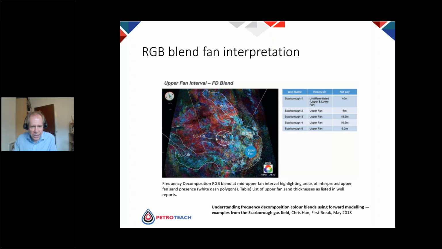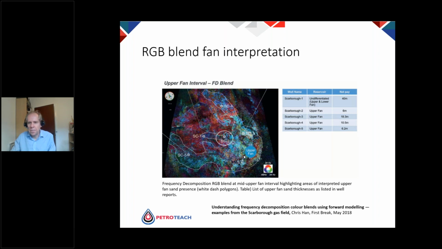So the red is where it's tuning at 20 hertz. That's slightly thicker. The blue is going to be tuning at 48, and then the green is 34. So this cyan is a combination of between 48 and 34 hertz. And I can change those frequencies to try and highlight features. So this is one sort of tool for reservoir characterization.